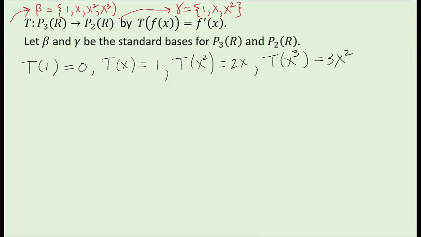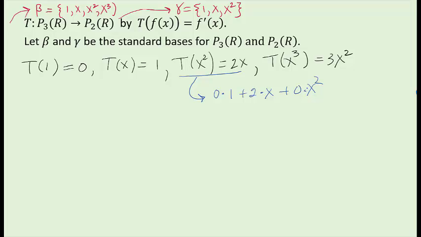In an example this simple, we don't bother to write these out in terms of the standard basis of P2, but I would like to do so just in one case so you for sure see what we're doing. Let's take that one. T of x squared is 2x, which is 0 times 1 plus 2 times x plus 0 times x squared, writing it in terms of the ordered basis gamma.